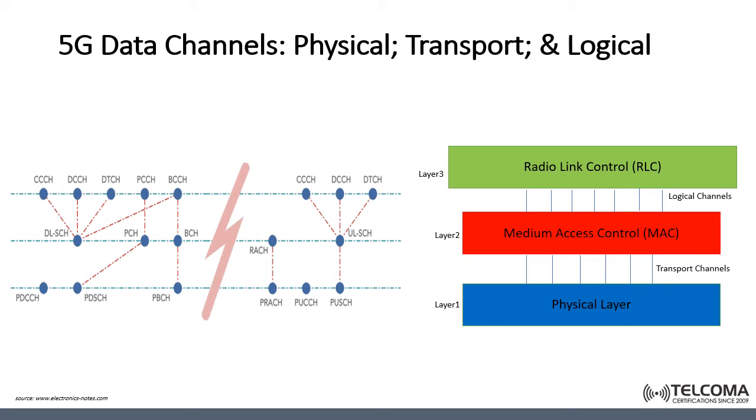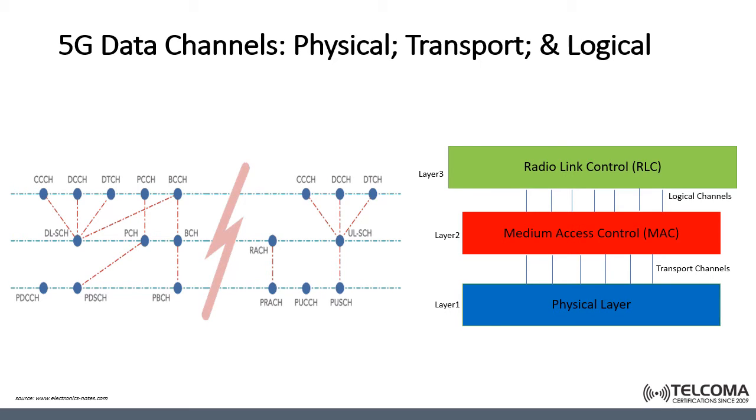So now we can explain what are the different types of channels we have and what are the specific function for each one of them. As we mentioned, we have three layers: the physical layer, the medium access control layer, and the radio link control layer. So we have three types of channels.